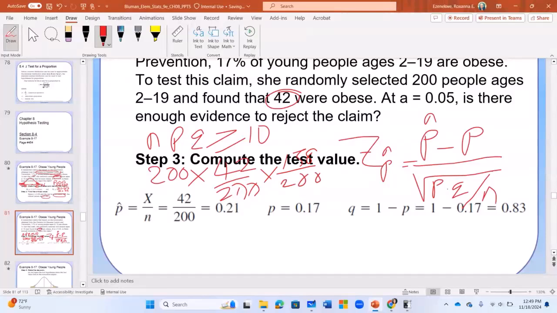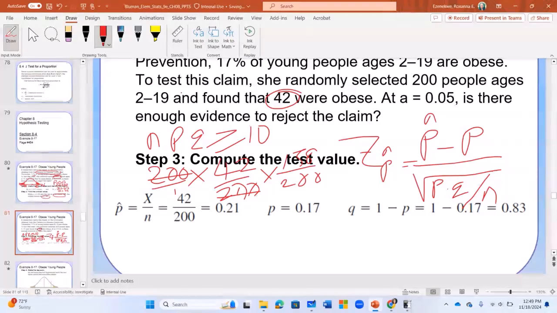So I am going to multiply all this out and see if it is greater than 10. I can start from here. This 200 will cancel. Then I'll get my calculator.